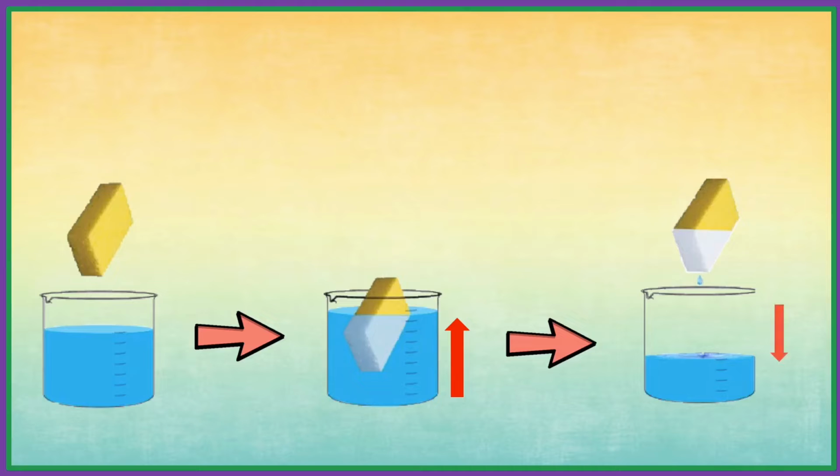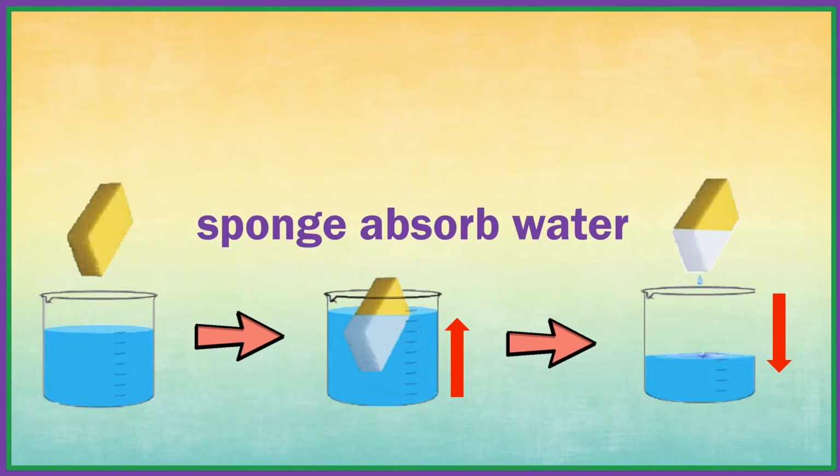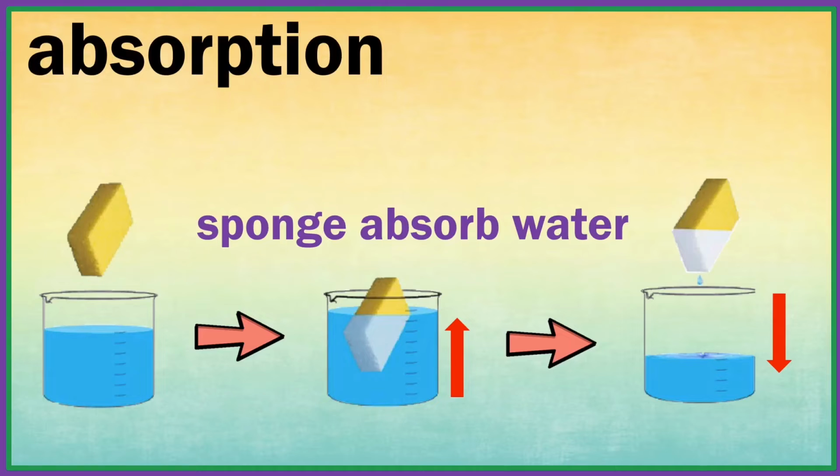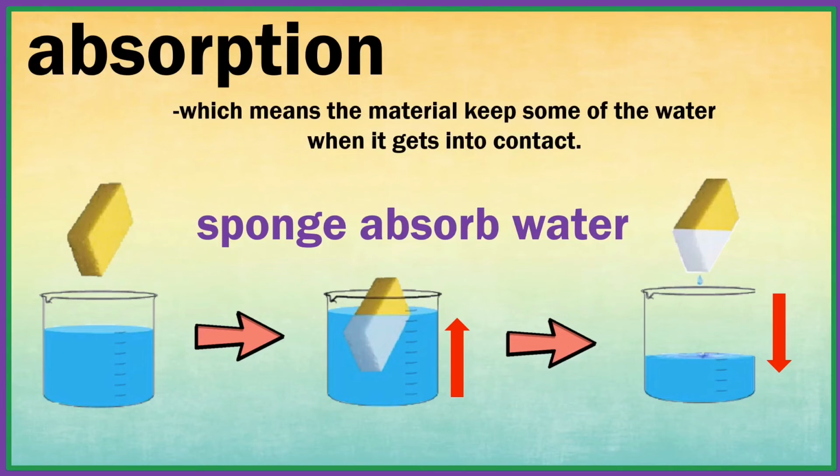And as you can see, the water level is lower. And this means that the sponge absorbs water. The sponge keeps or absorbs water from the beaker. So absorption means that the material, which is a sponge, keeps some of the water when it gets into contact.